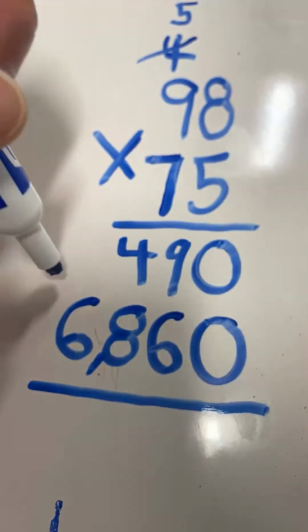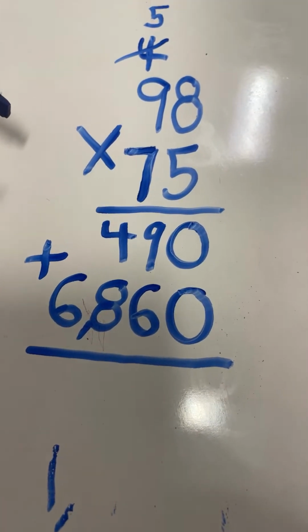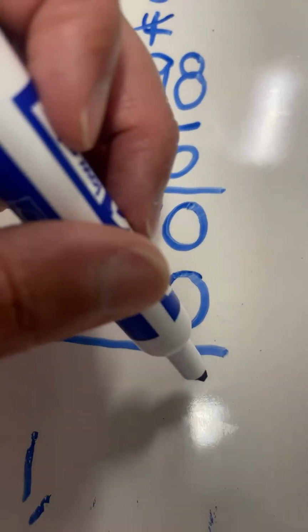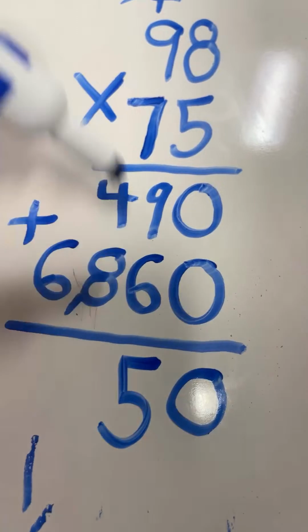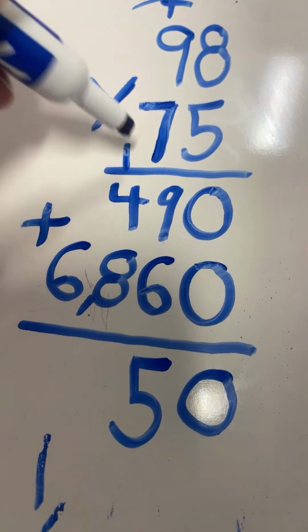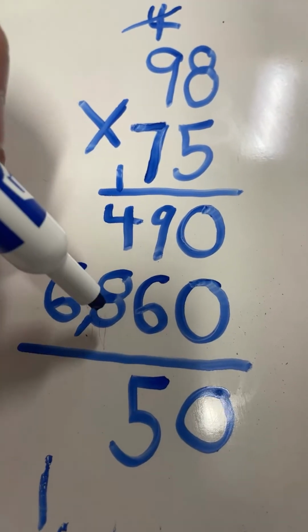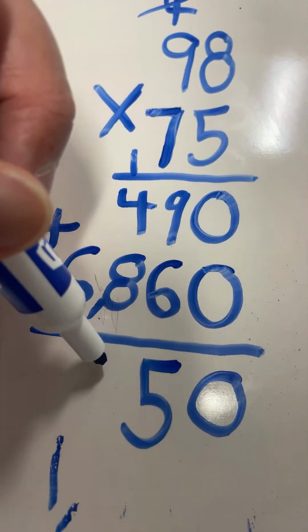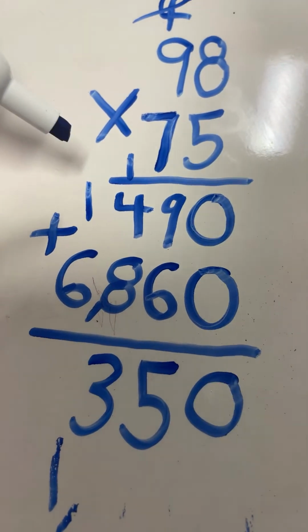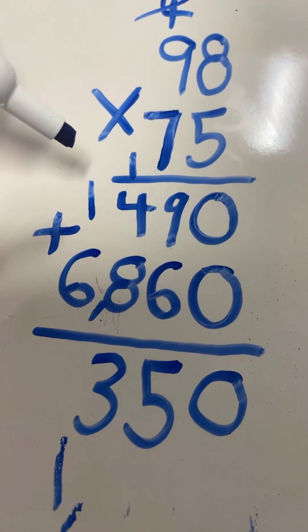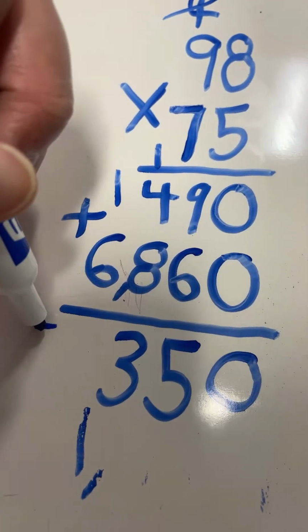Now the last step is we have to add these two numbers together to get our final answer. 0 plus 0 equals 0. 9 plus 6 equals 15. 5, carry the 1. 4 plus 8 equals 12, plus 1 equals 13. 3, carry the 1. 1 plus 6 equals 7.